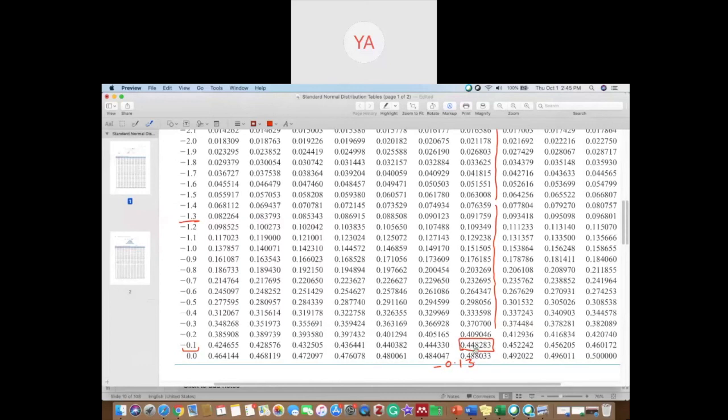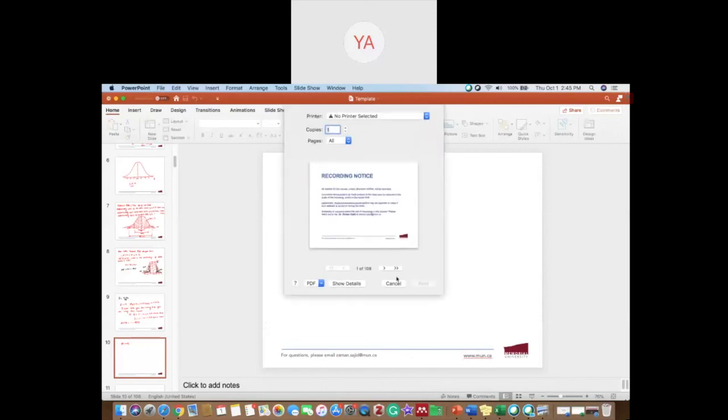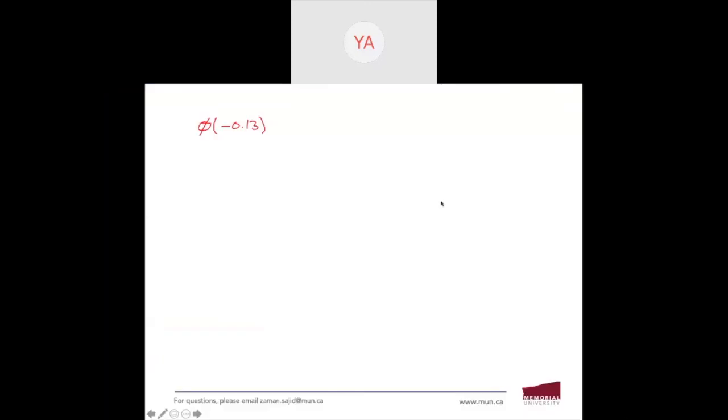Now this is 0.448283. Now I just want to show you the formula that I just mentioned.